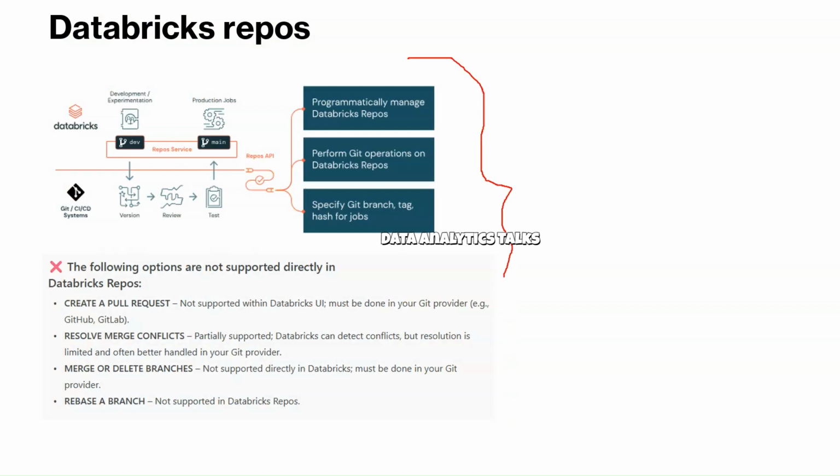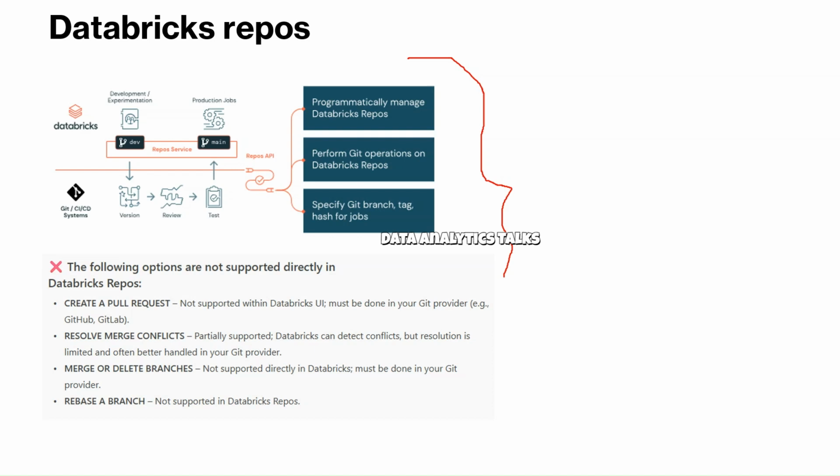But the question is, what is possible with the Databricks repo? Make sure you understand the Databricks repository features, especially what is possible with the Databricks repository. Sometimes creating a pull request is not allowed in the Databricks repository, so you have to go to the provider interface.